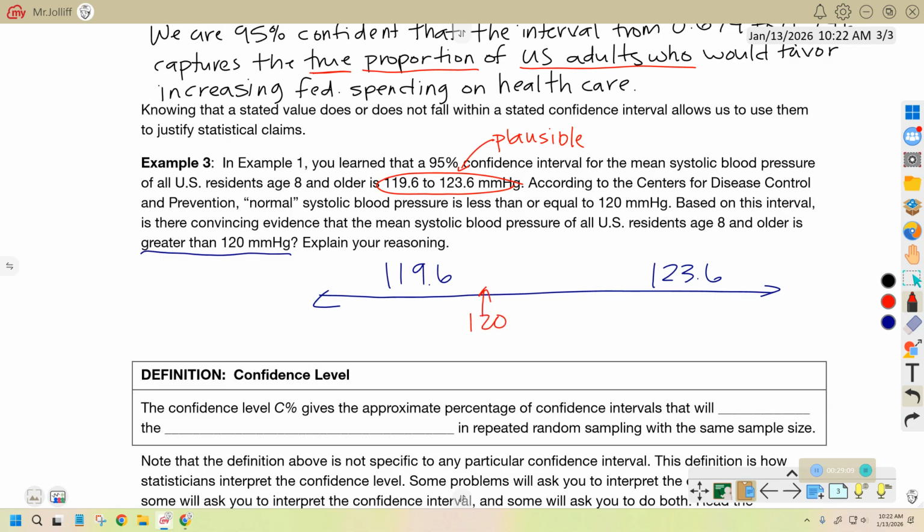So there are some plausible values that are less than 120. Not a whole lot. 119.9, 119.8, 119.7, 119.6. But it is plausible that the mean for the US is less than 120. Can I, as a statistician, conclusively state that the mean for the US is bigger than 120? No, because there are plausible values that are less than 120.